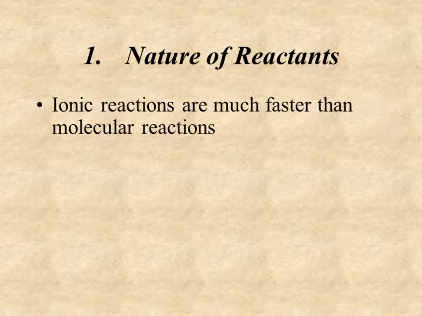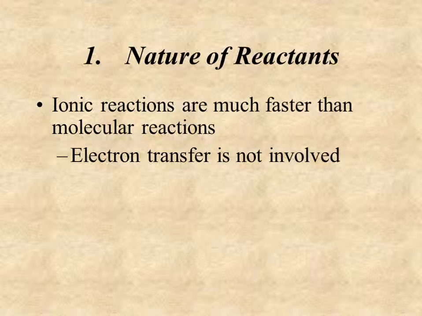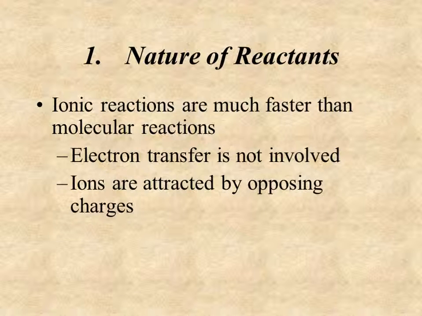When we consider the nature of the reactants, things that are ionic in nature are going to tend to react faster than substances that are molecular in nature. This is due to the fact that when we deal with ionic substances, those ions are held together by electrostatic attraction, opposite charges. So pulling those ions apart is sort of analogous to taking a magnet off of a refrigerator.